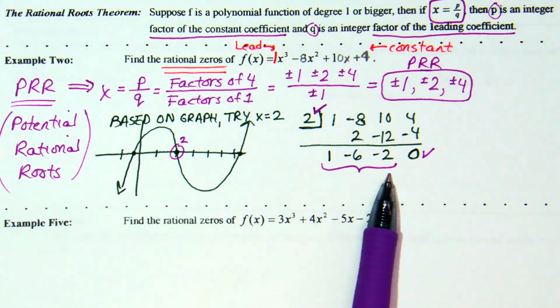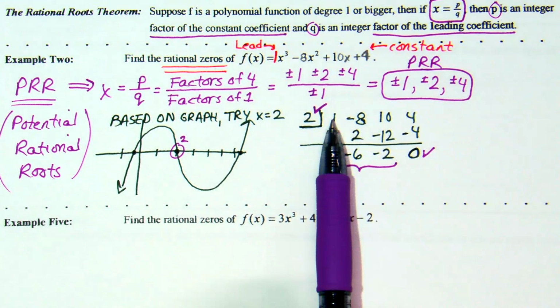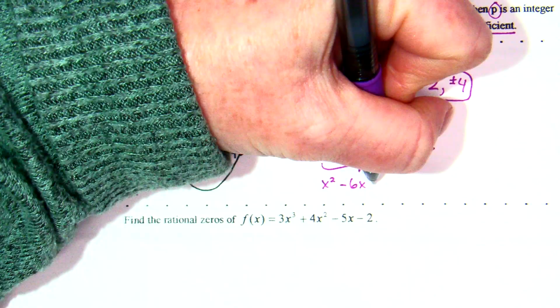First of all, what does this 1, negative 6, and negative 2 represent? If up here the 1 was x cubed, down here this is x squared minus 6x and minus 2, right?